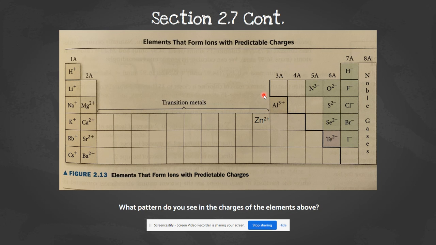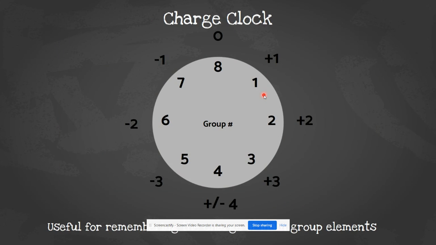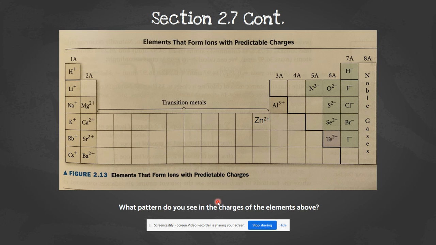So a little trick to help you guys remember those is what I call the charge clock. So inside we have the group numbers, and outside we have the charges. And down here, you notice that these don't work very well. There was no plus or -4, but there's only one -3 and one +3. So it doesn't work for most of these.